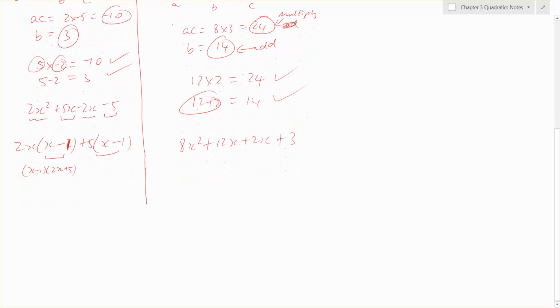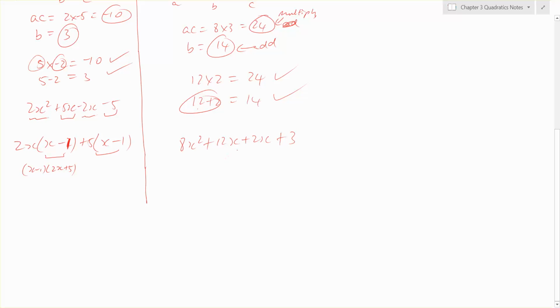And again, the reason why we broke it down is because we want to factorize by grouping. Now, I would want to group these two together because we know they're both going into 3, and these two together because they both go into 2x. So let's take the 2x out of these two terms. We get 4x plus 1.